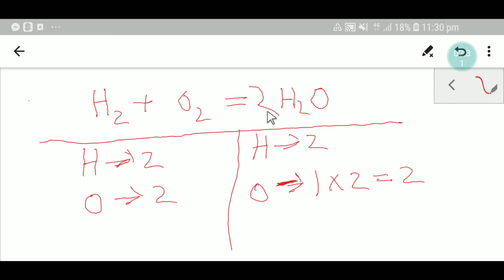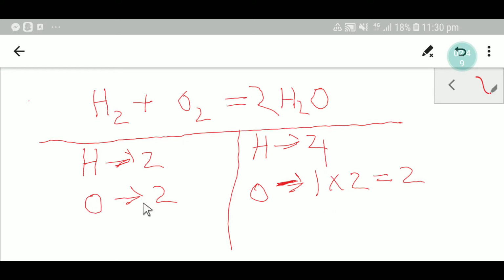If you place 2 here, then the number of hydrogen will be the 2 subscript times the coefficient 2, that is 2 times 2, which gives you 4 hydrogen.